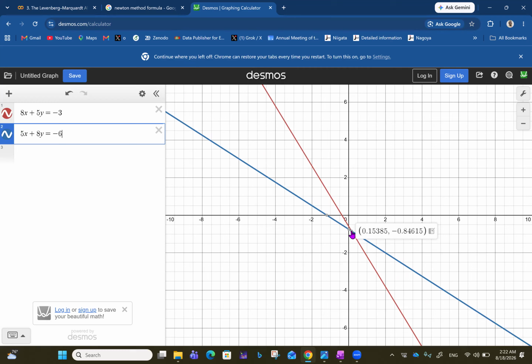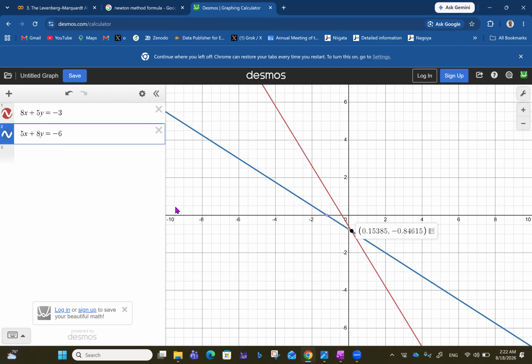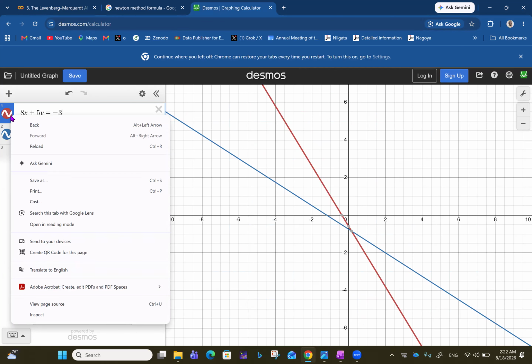So we have a solution somewhere around here. That's 8x plus 5y equals minus 3, and 5x plus 8y equals minus 6. Let's see if we can do fractions now. I think there was a way we could do fractions with this.